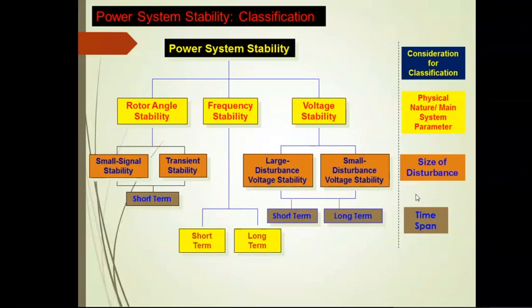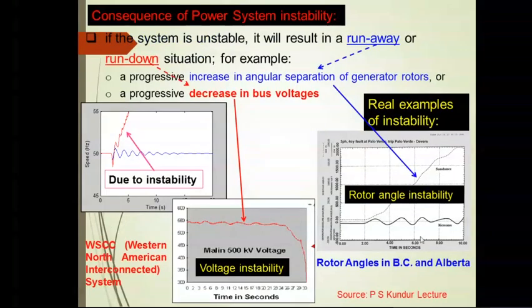Then again, what is the time span for the stability analysis? As you look into the previous slide, we find that rotor angle instability takes place in just 1 second to 3 seconds, because this is 3 seconds and this is 5 seconds here. So in a span of just 1 or 2 seconds, the rotor angular separation takes place.